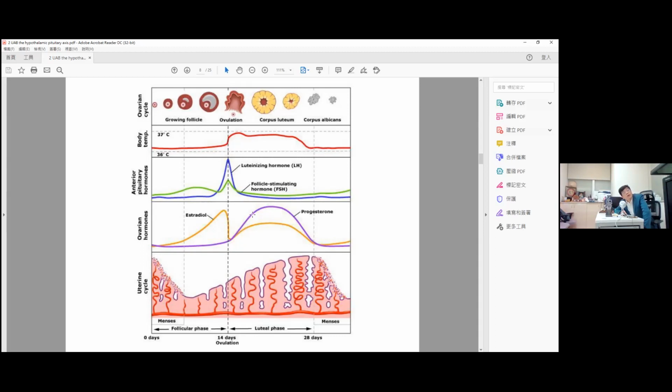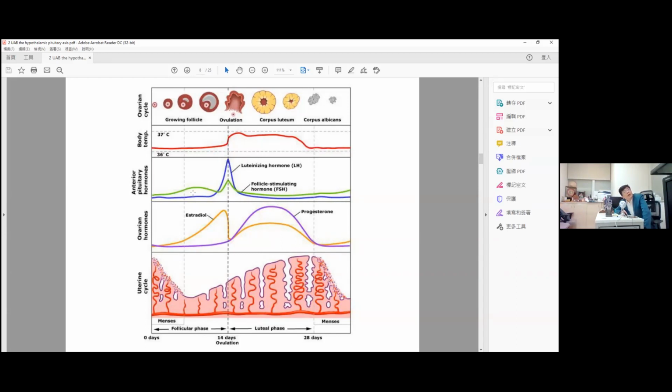The corpus luteum becomes mature and produces abundant progesterone. The progesterone can maintain the thickness of the endometrium. This is the window of implantation. If you wait and there is still no embryo implant, the progesterone will decrease to a certain level, then the menstruation comes out.